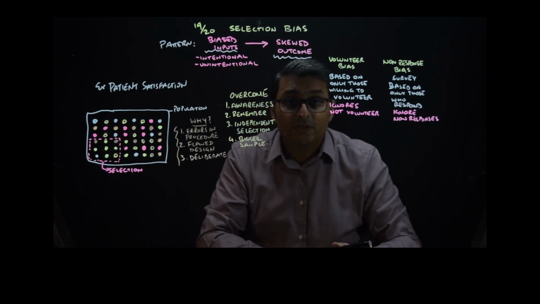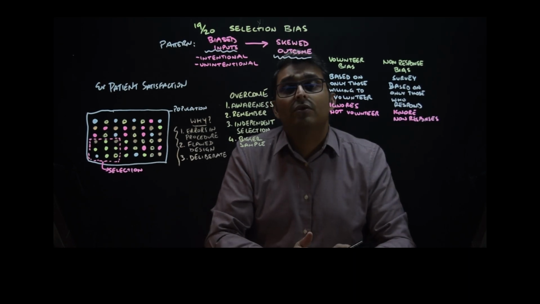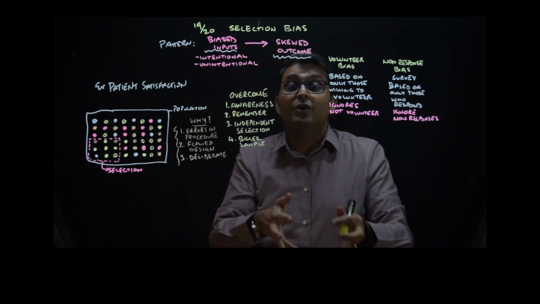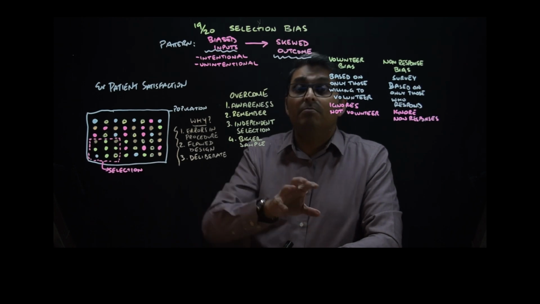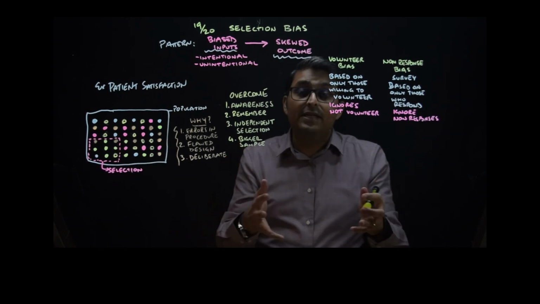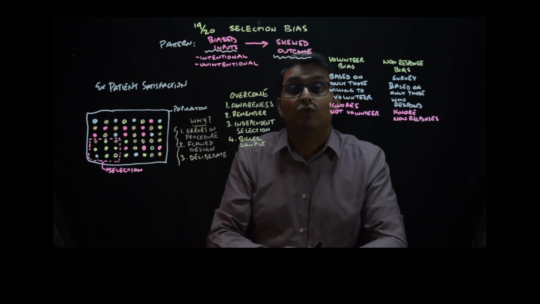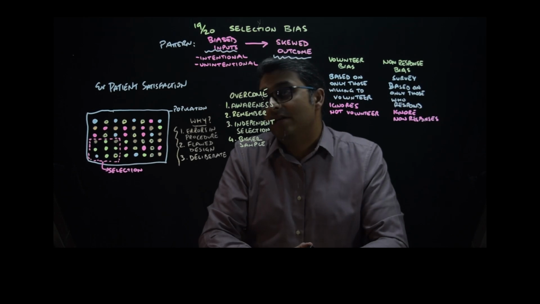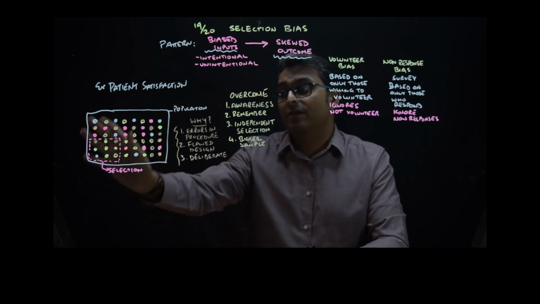Number 4, I'm going to call this bigger sample. Consider a bigger sample. Where possible, increase the number of inputs so that your outcome is less dependent on fewer inputs. This may not always be possible, but where it is, if you can select a bigger sample, then the outcome may be more representative. So going back to my example of the patient satisfaction, I'm just selecting 9 out of the population.